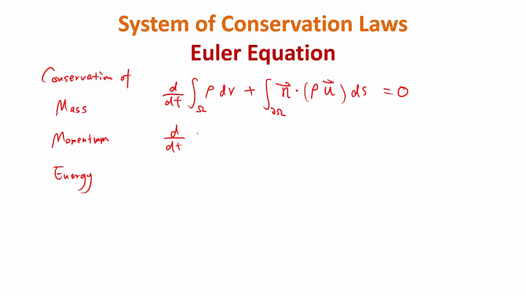So how do you describe the total amount of momentum within that control volume? Yeah, the integral of rho u within the control volume, right? That's a vector describing the momentum. It not only has a value but also has a direction.